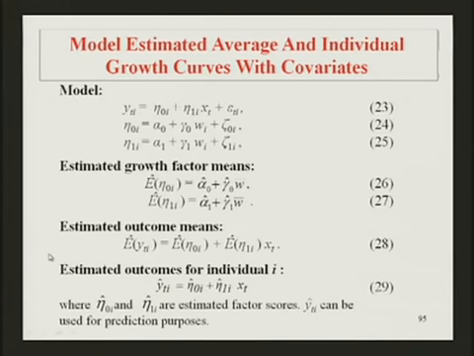So that gives you the total mean of the intercept. It's not only the intercept of the intercept, but also the slope of the intercept. Does it get confusing? And then for the slope, the mean of the slope is the intercept of the slope and the slope of the slope times the... You know what I mean. So that's how you get the growth factor means when you have a conditional model.